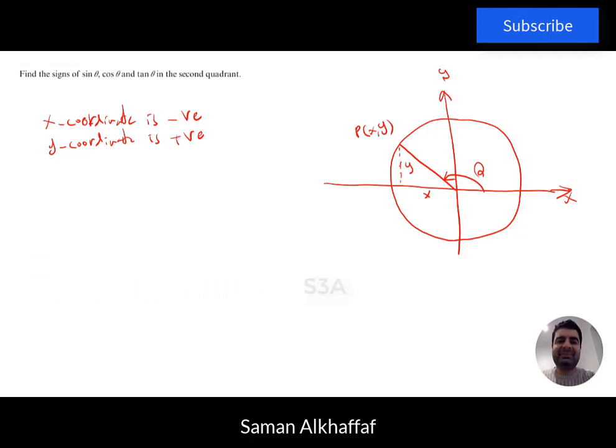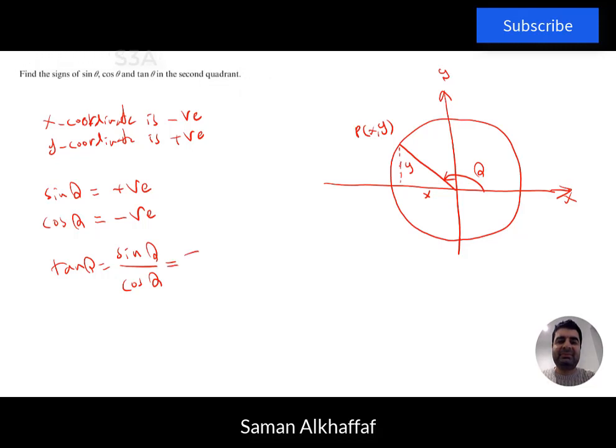So that tells us sine of theta will be positive, and the cosine of theta will be negative, and tan theta will be sine over cosine theta.